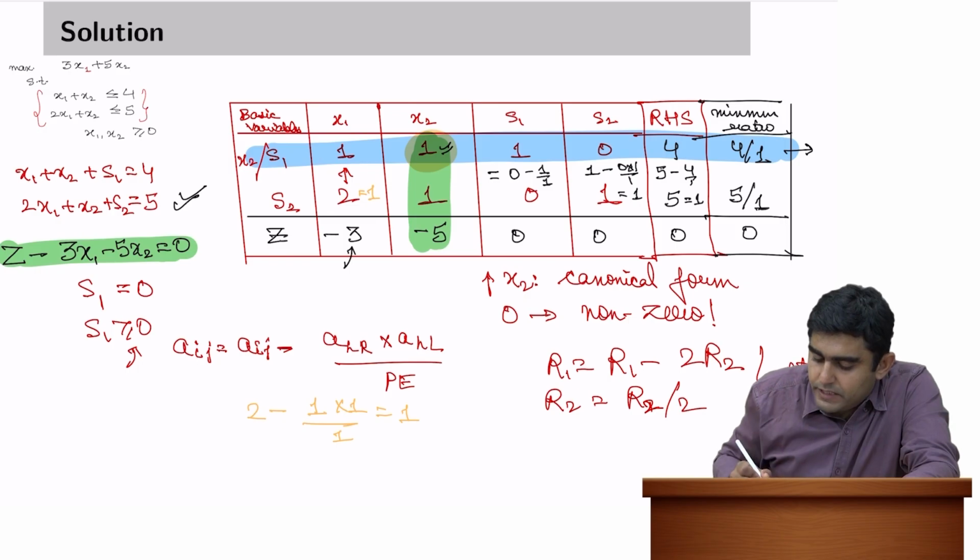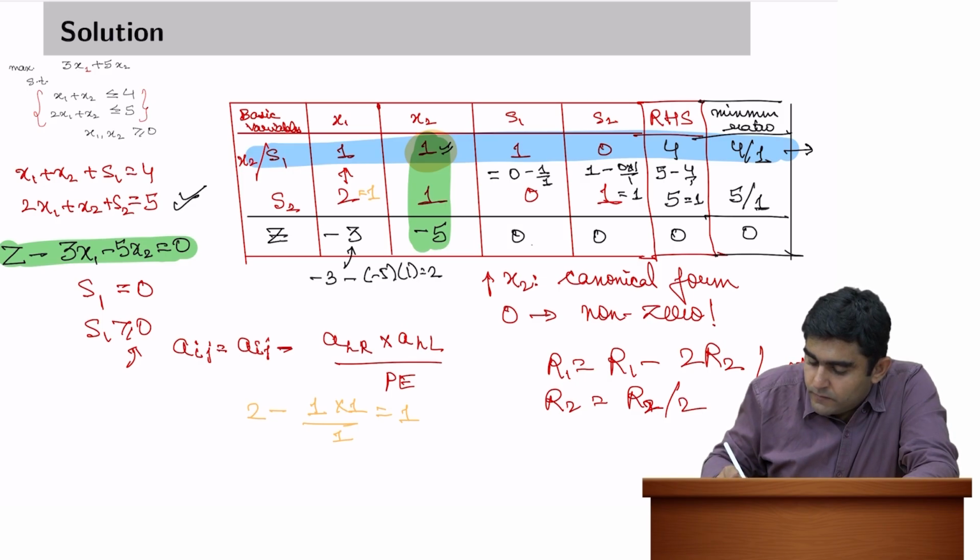We would also update our coefficients. So minus 3 would become minus 3 minus minus 5 into 1, or 2. This 0 will become 0 plus 5.